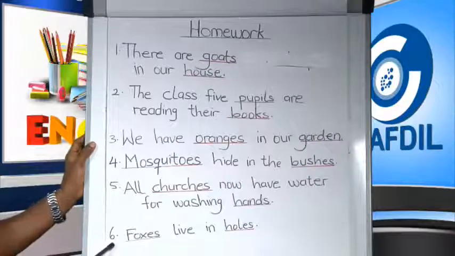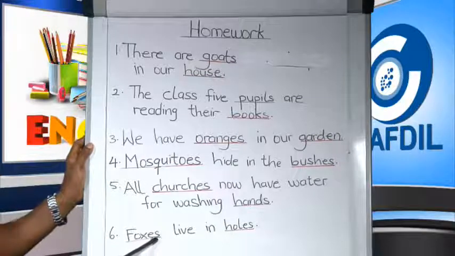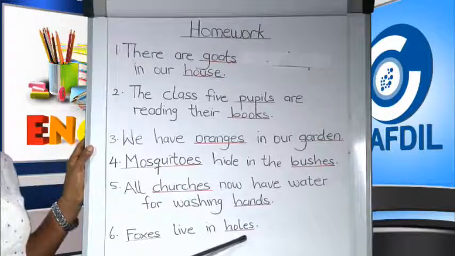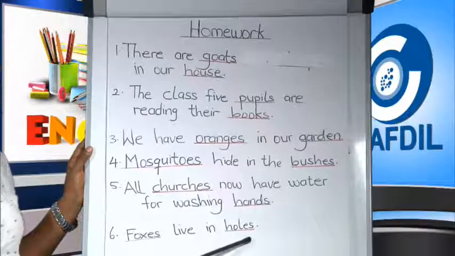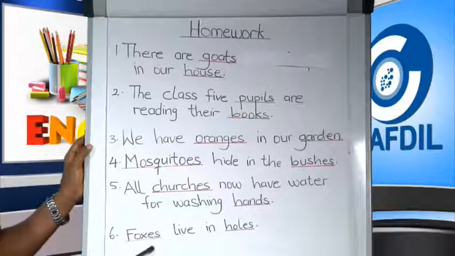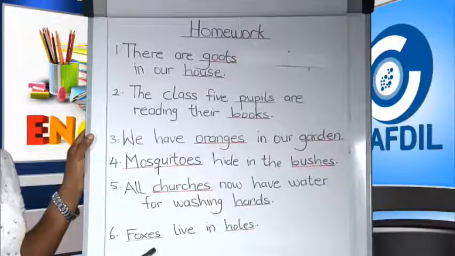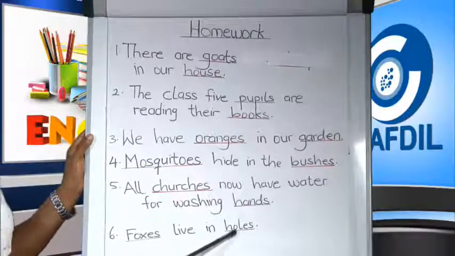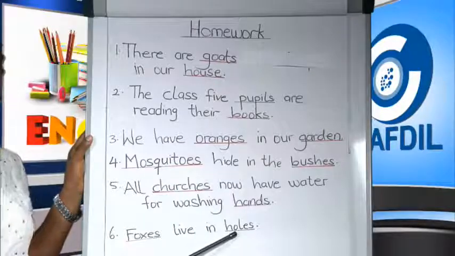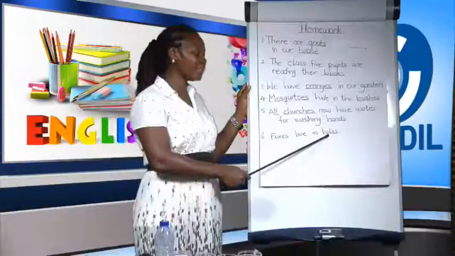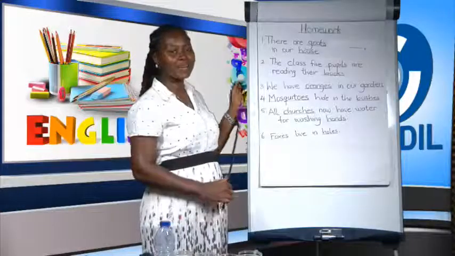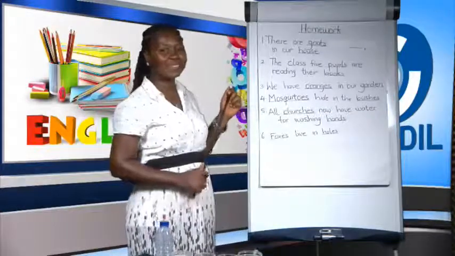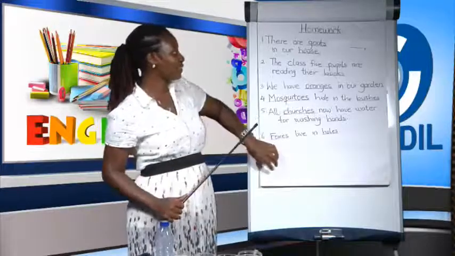The last one, foxes live in holes. So we have underlined foxes as countable noun and then holes as countable noun because we can count them. I hope you had all of them correct. Good.